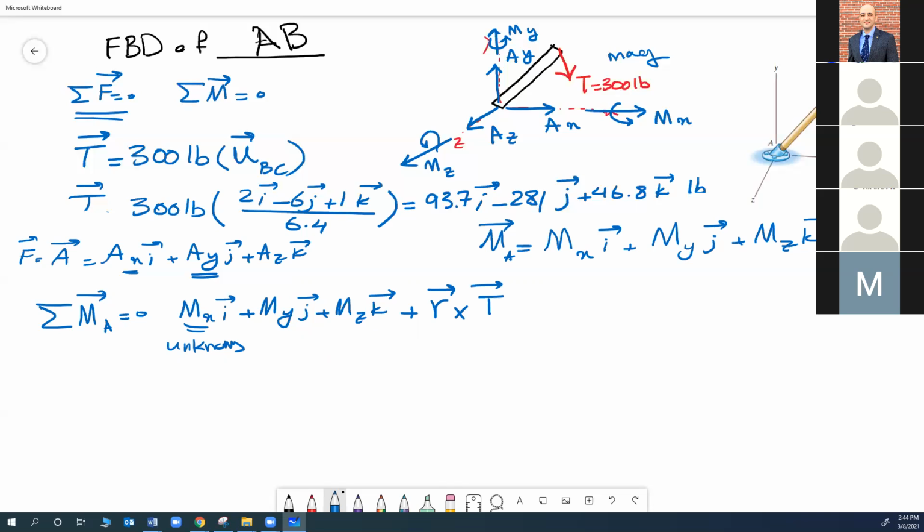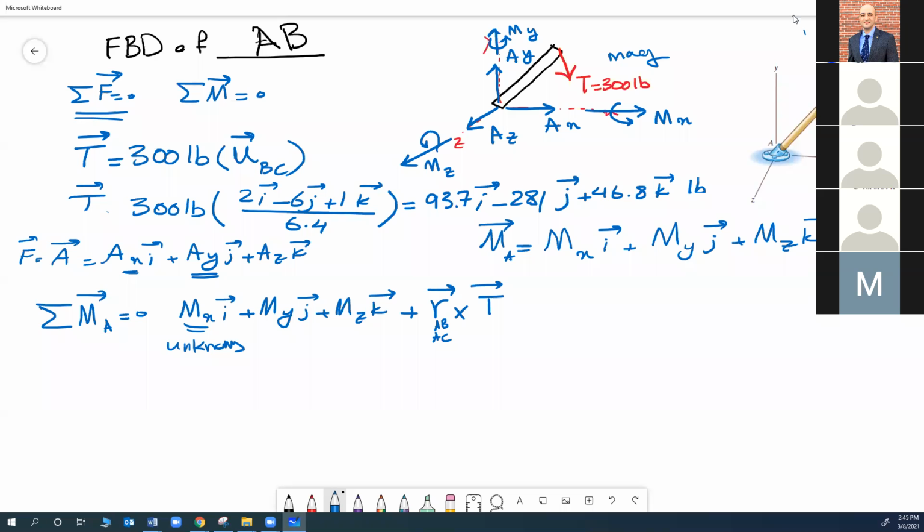R cross T, the R is going to be, remember, from the point to the line of action of the force. So my R can be either AB or AC. They're both acceptable. It needs to start from the point, but it needs to end on the line of action of the force, and both B and C are on the line of action.